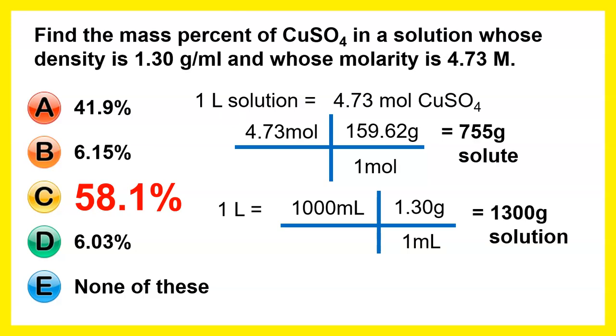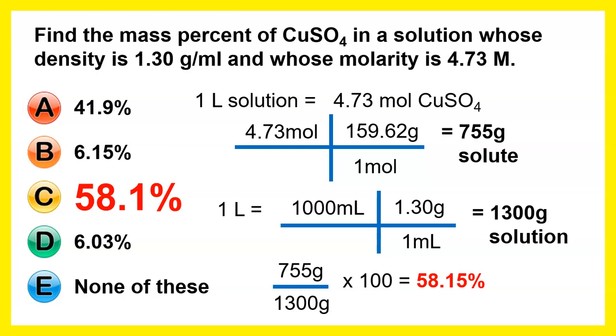So a 1 liter jug of this solution would weigh 1,300 grams. Well, now I have the grams of solute and now I have the grams of solution, so I can divide them, multiply by 100, and I find out that by mass, 58.15% of this bottle would be copper sulfate.